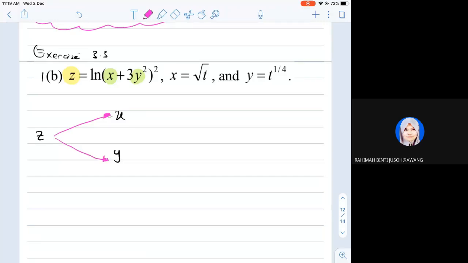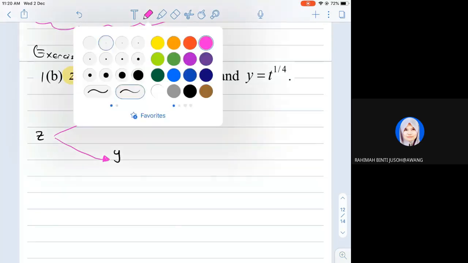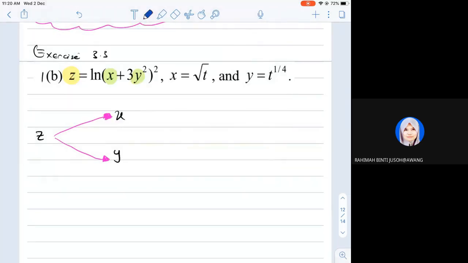Variable X and variable Y. Okay, now guys, the process from Z goes to X. Listen here carefully. If the branch, cabang tu, splits into two, which is more than one branch, means the operator becomes partial derivative.